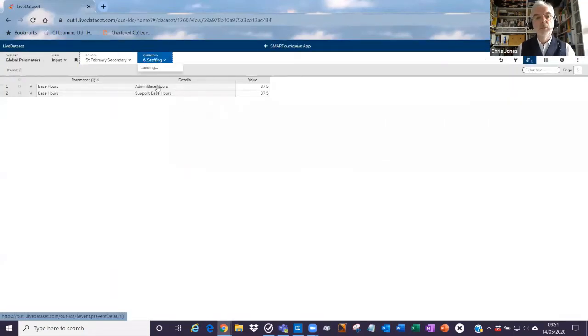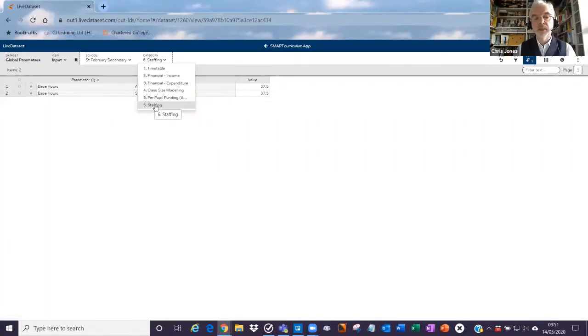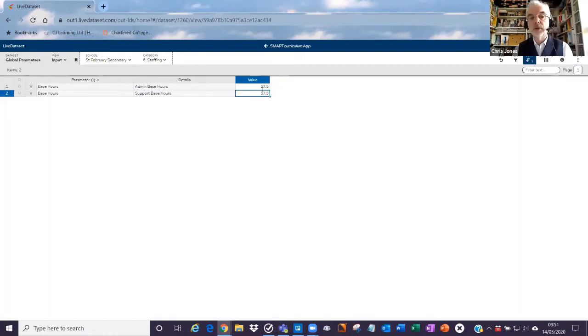In global parameters, we've added a staffing table, and on the staffing table, you are able to add the base hours for admin and the base hours for support. We've put it in at 37.5 as default, but some schools run at 32, some run at 32.5, some run at 35, some run at 37, some run at 37.5, and some run at 42, and any variation within that spectrum.